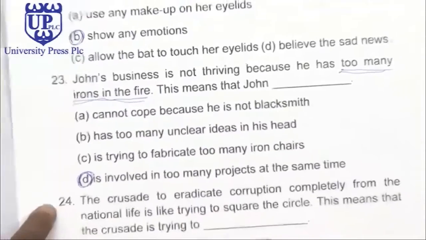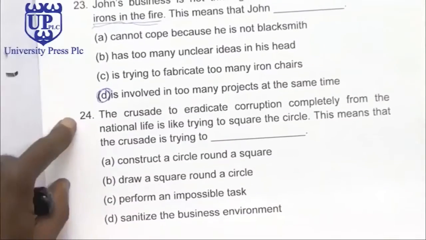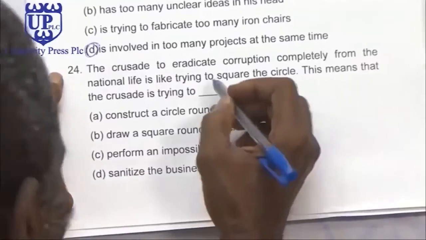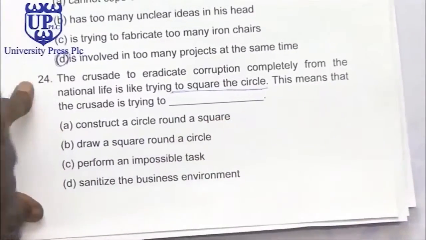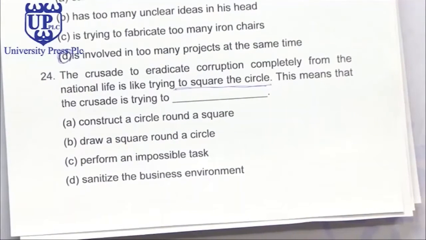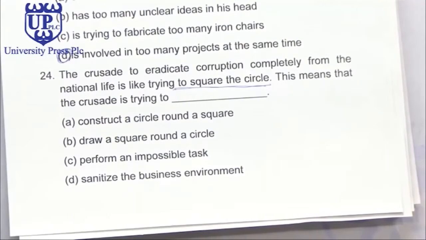Number 24. The crusade to eradicate corruption completely from the national life is like trying to square the circle. Trying to square the circle. And you remember I told you that sometimes you can get the meaning of an idiom from the idiom itself. You think very well. I remember I told you that when you have the square in that form, then you have a circle.